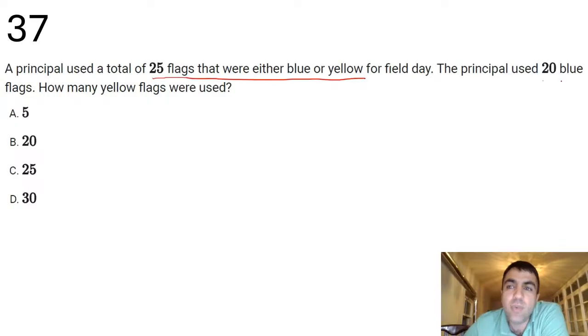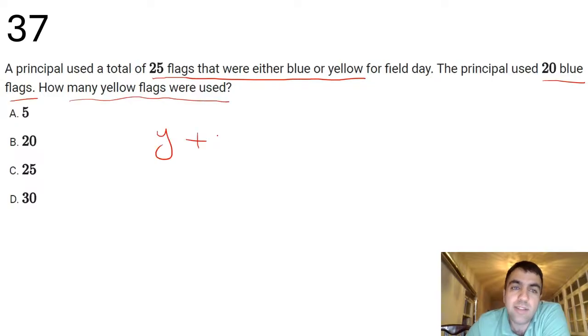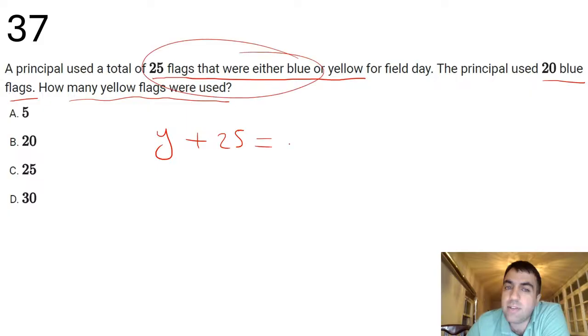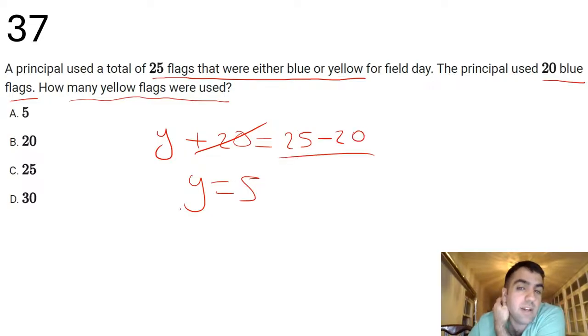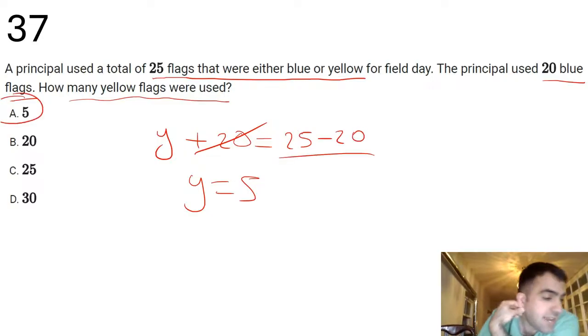The principal used 20 blue flags. How many yellow flags were used? Yellow plus 20 blue should be equal to 25, and y is equal to 5. If it is plus at the left side, it should be minus at the right side. The correct answer is A.